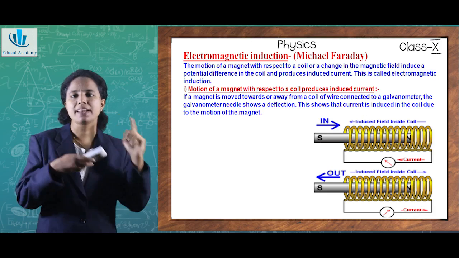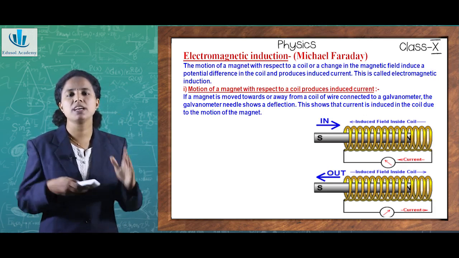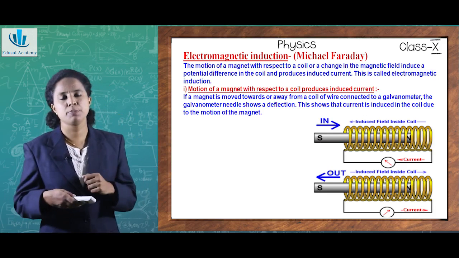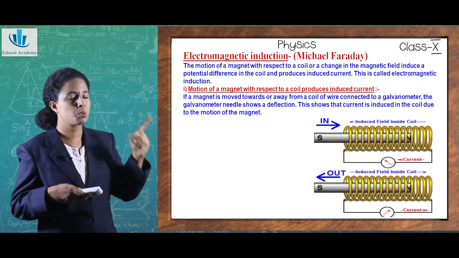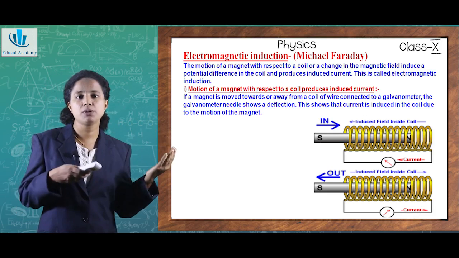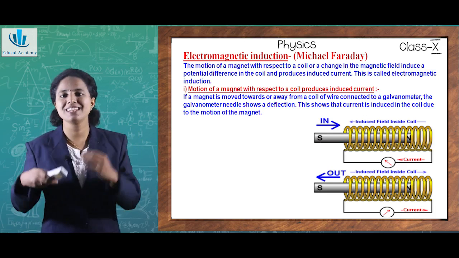That is, if magnet is moved towards the coil of wire, then the galvanometer is showing a particular deflection. For example, you can see in this particular one, I am moving the magnet in the first picture towards the coil of wire. What happens? You can see the galvanometer will be deflecting to the left side. And what happens in the other case?